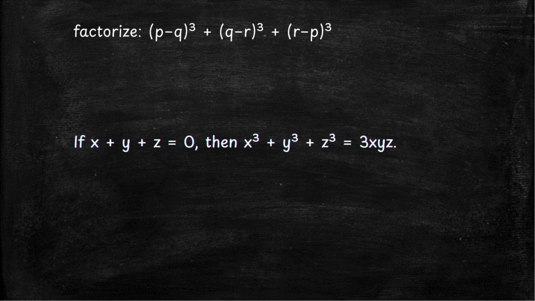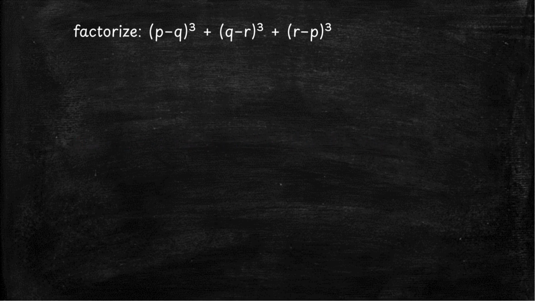The question here is to factorize (p minus q) whole cube plus (q minus r) whole cube plus (r minus p) whole cube. So for that, we are going to apply this relation that if x plus y plus z is 0, then x cube plus y cube plus z cube is 3 times xyz. So let's take x as p minus q, y as q minus r, and z as r minus p.